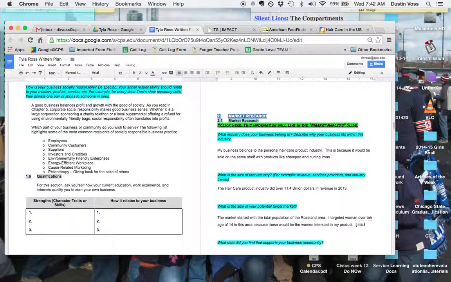I also believe it's better to start in one place rather than try to go national or international. There are 32,028 women 14 and up in the Roseland area.